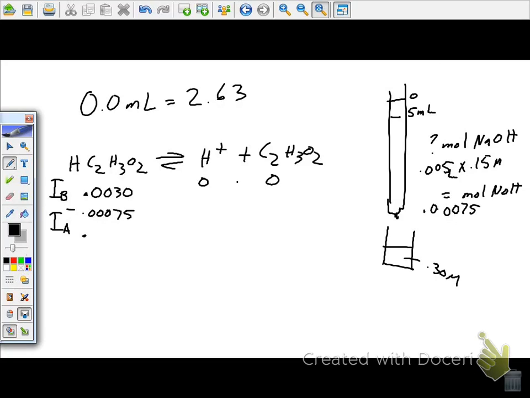We're left with 0.00225. Is that right? Yep. Now, if it takes the H's away, it leaves behind the C2H3O2. Guess what? Initial, after you add it, this is still going to be what we're going to call X, because we'll be able to solve for that. Okay? How much are we going to have of this?